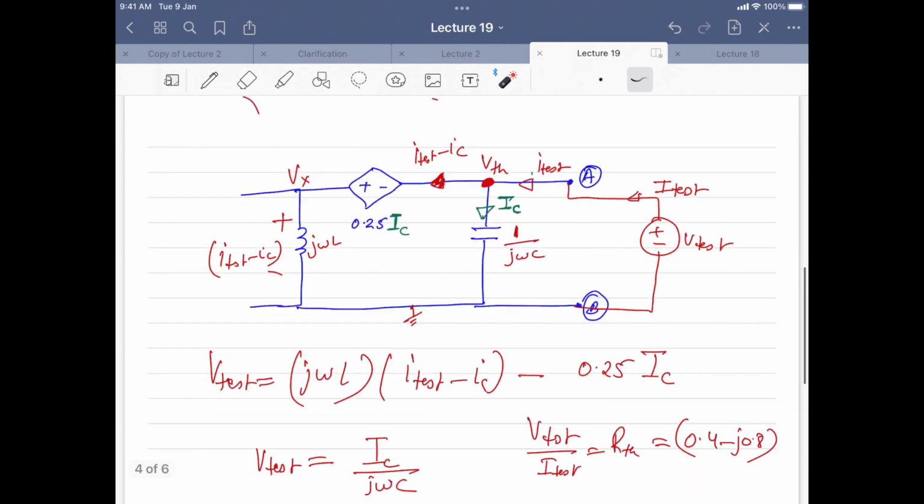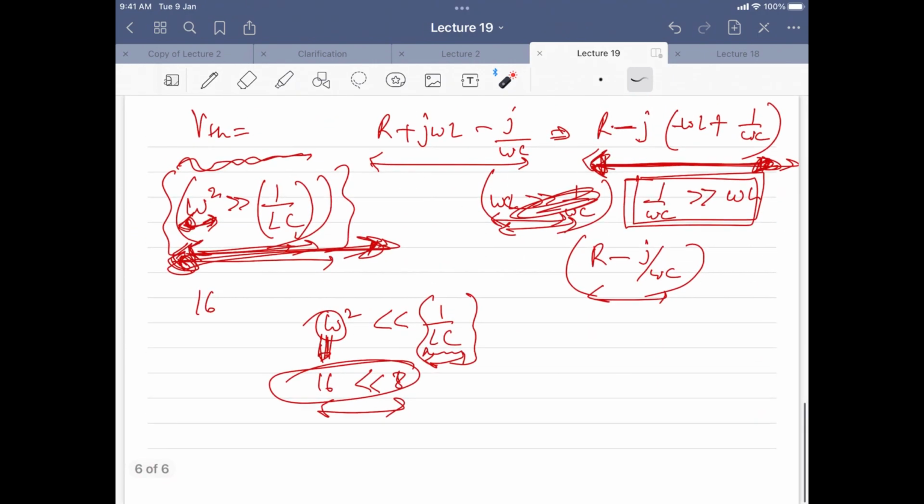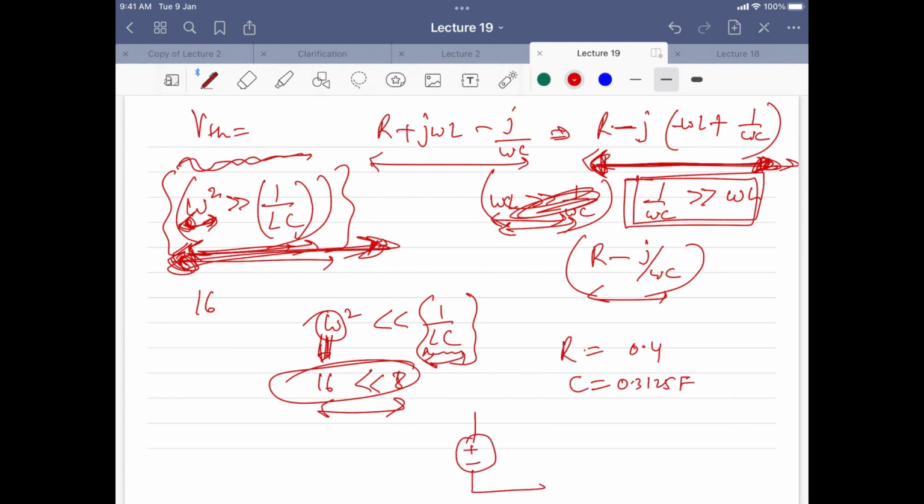Okay, so you have this R value given as 0.4 and C value is 0.3125 farad. So effectively, if you want to represent, it will be like this. Here VTH will be 0.894 angle minus 63.43, which is the VTH which you had calculated earlier.